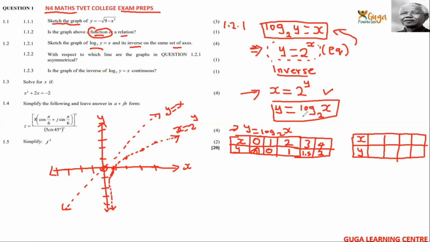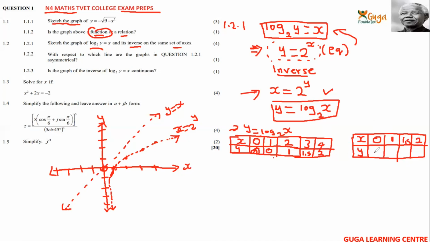Okay, so we are saying that my x was 0 here, my x was 1. It means now my x will be y and my y will be x. That's what I'm trying to say. So it means that here will be within 0, 1, 1.5, and 2, right?